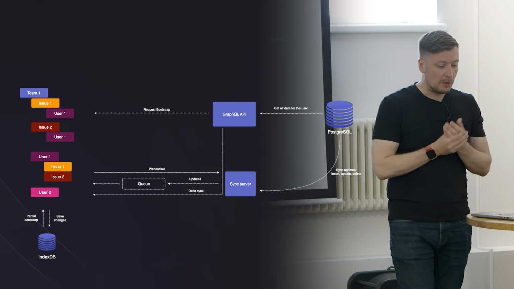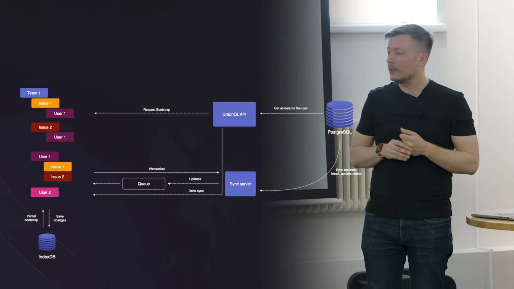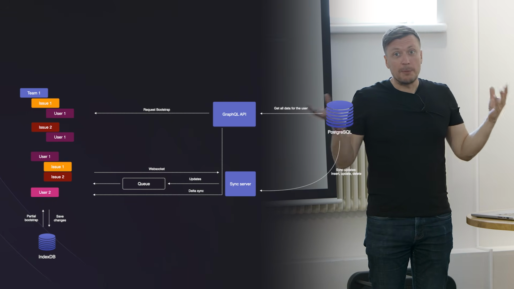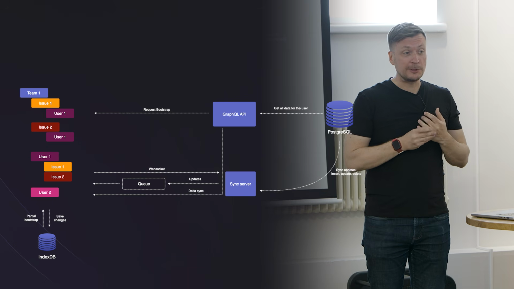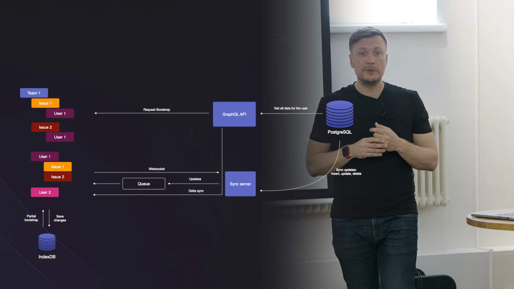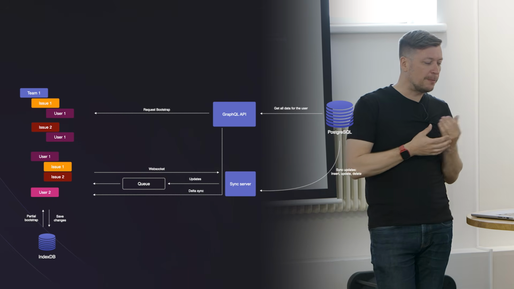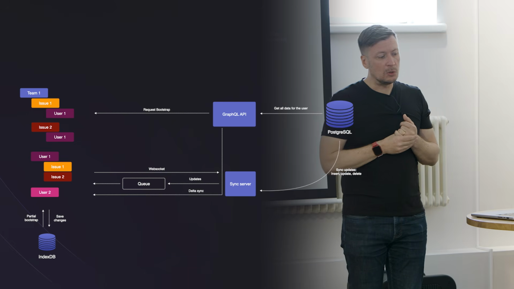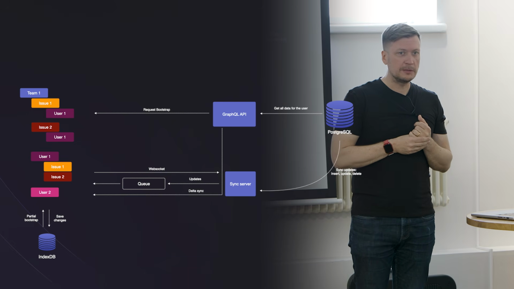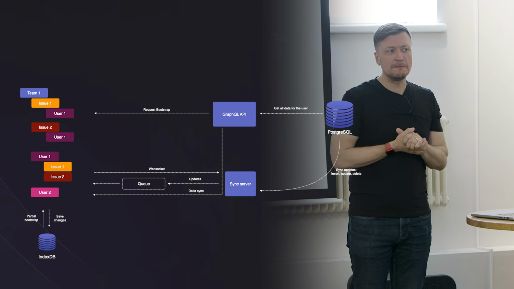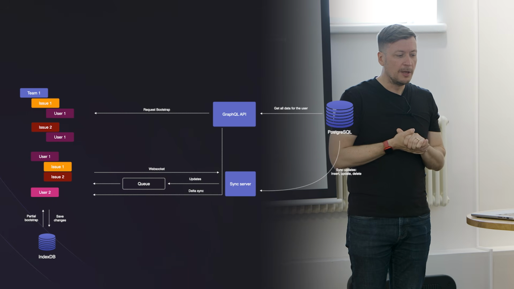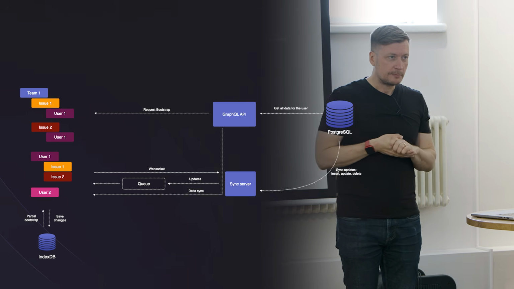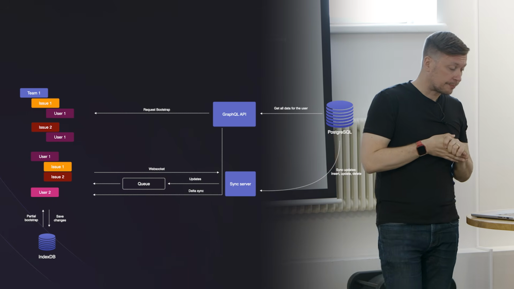So the first thing that we did was we came up with what we now call partial bootstrap. So we say, we no longer really need to load up everything from the local database, but we can wait on some of the stuff. It doesn't have to be all loaded in time.